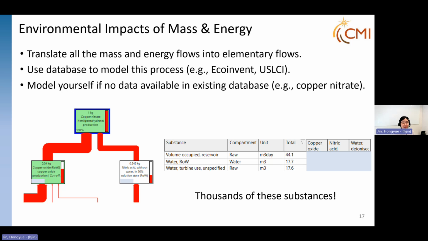And then based on the mass and energy amount, we just talked about how to convert it to cost. Now we talk about how to convert it to environmental impact. So first, we want to translate all the mass and energy flows into environmental flows.